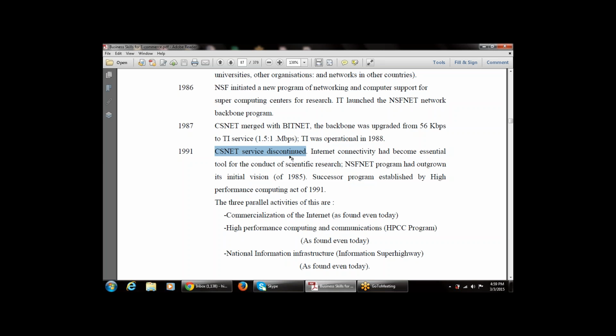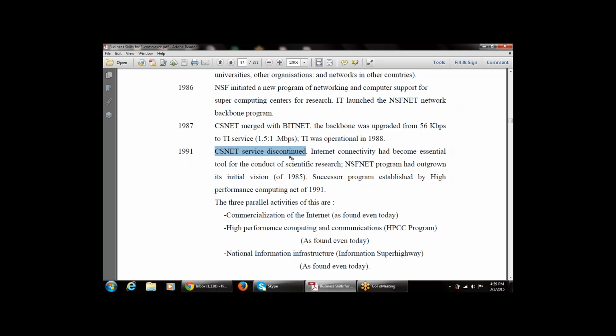As we are studying e-commerce, this is found in the day-to-day scenario. So in 1991, NSFNet also provided this provision, that we can do commerce over the internet.